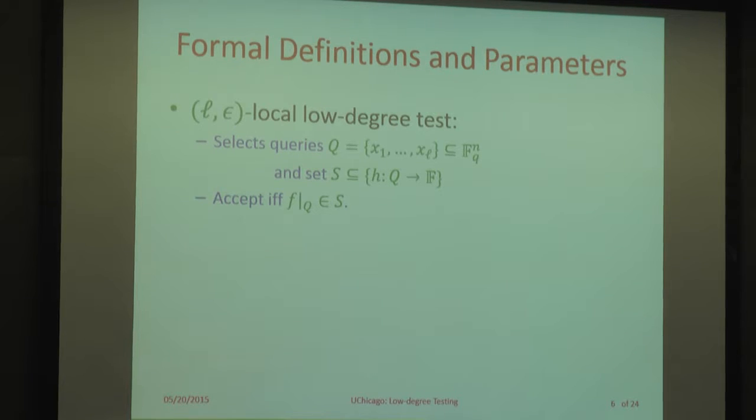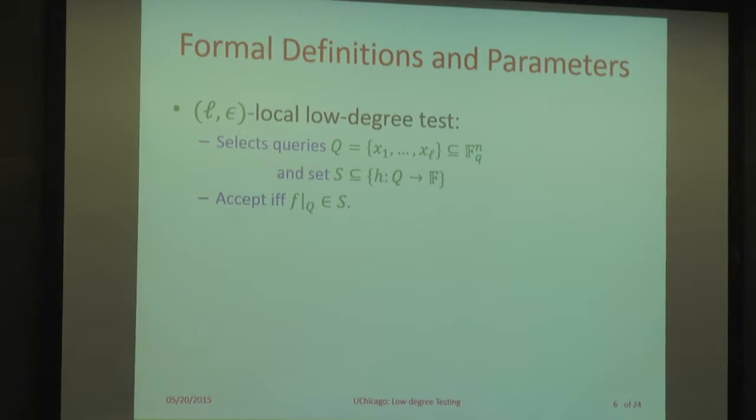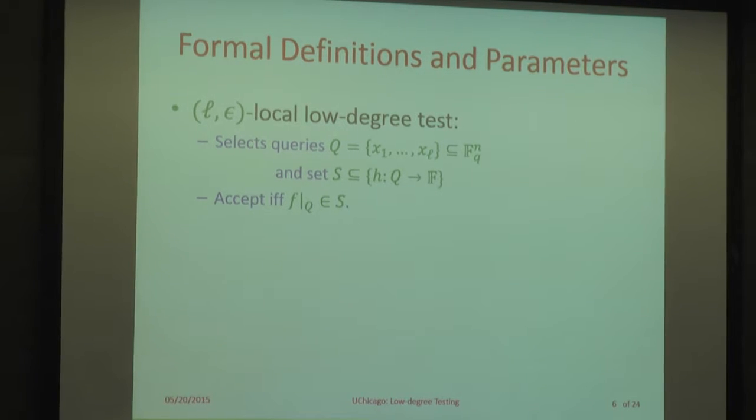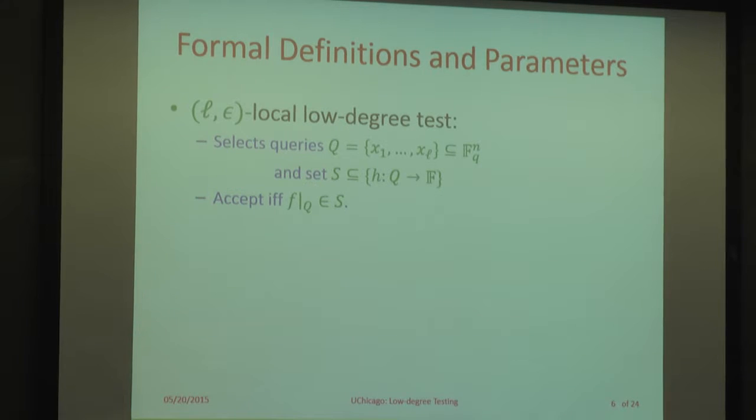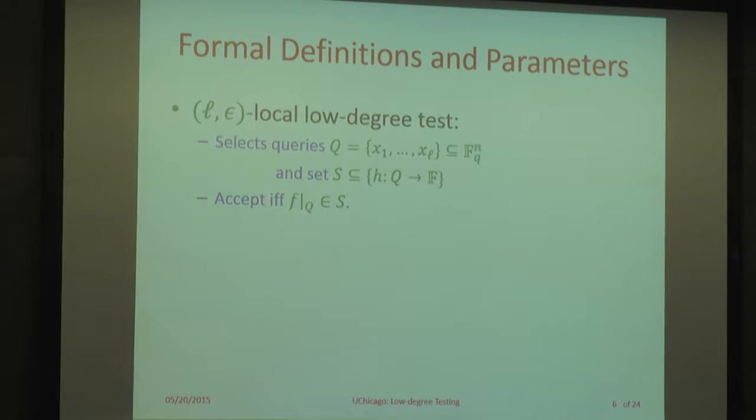Most of the time I am thinking of n as going to infinity very, very fast. So it is an n dimensional space, and the size of the domain is exponentially large in n. What we would like to do is pick some L points in this domain, a set of queries Q, and look at the restriction of the function f to this very local domain.